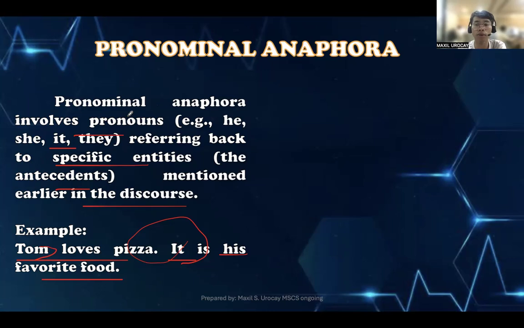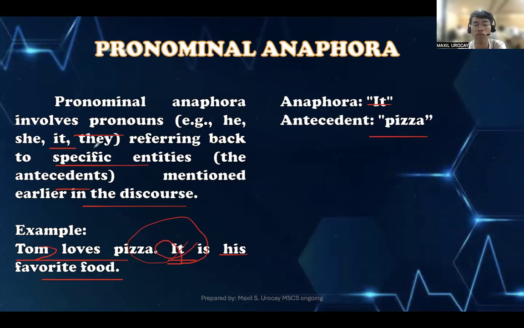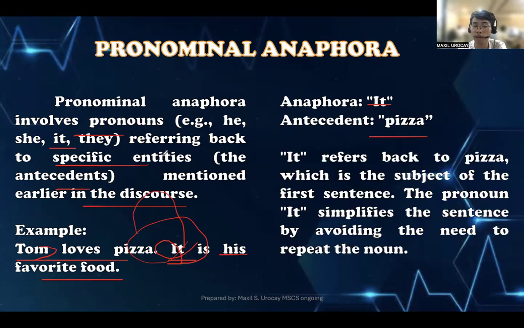So our anaphora right there will be it, and our antecedent will be pizza, which means it is referring back to the pizza itself. It refers back to pizza, which is the subject of the first sentence, and the pronoun simplifies the sentence by avoiding the need to repeat the noun. So hopefully that is clear to everybody.